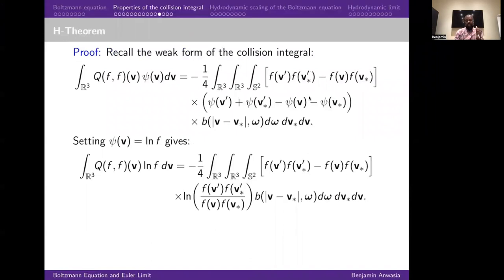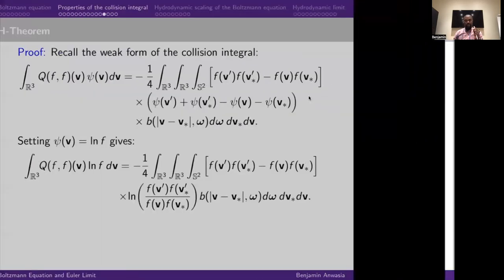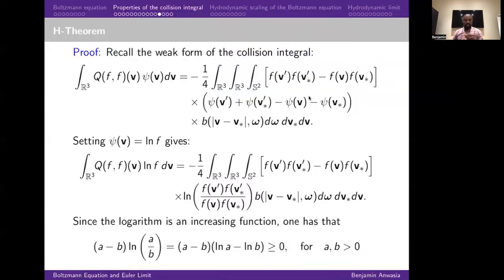Now, since logarithm is an increasing function, the following property holds. In particular, if a is greater than b, this term is greater than 0, and also this term is greater than 0. So the product is positive.